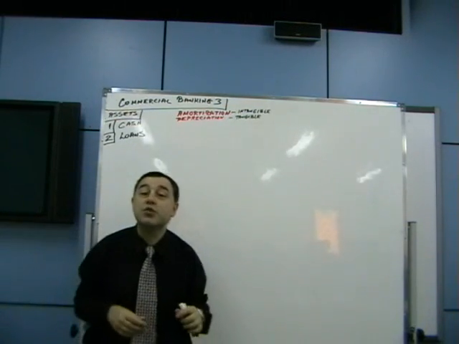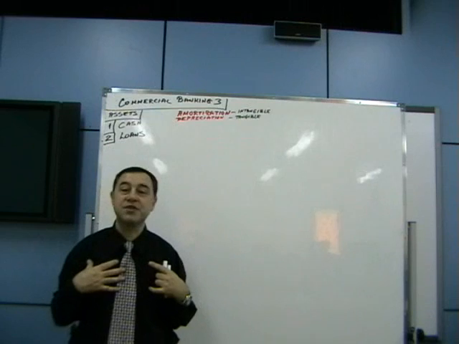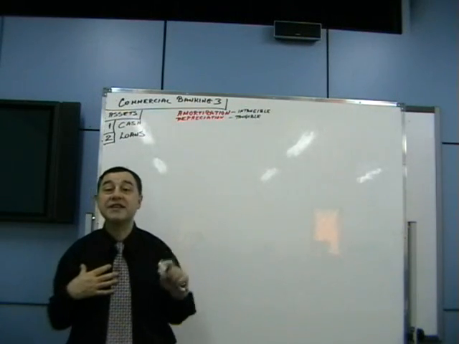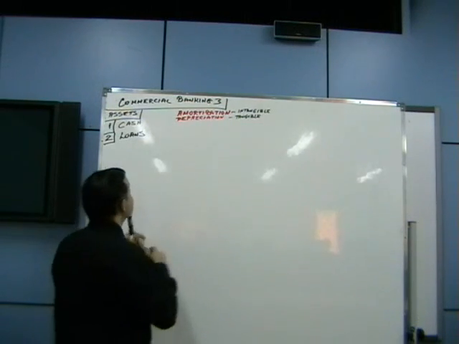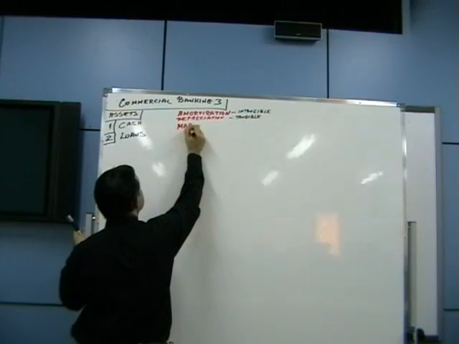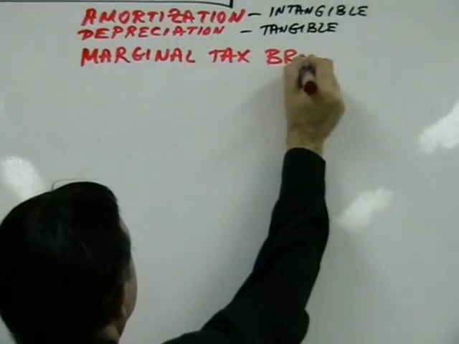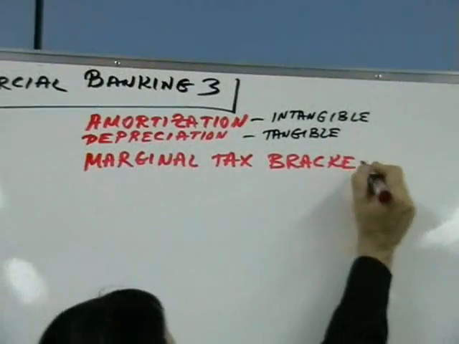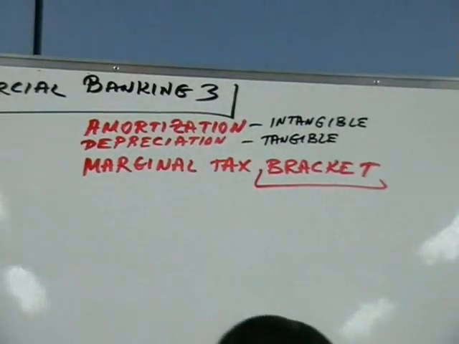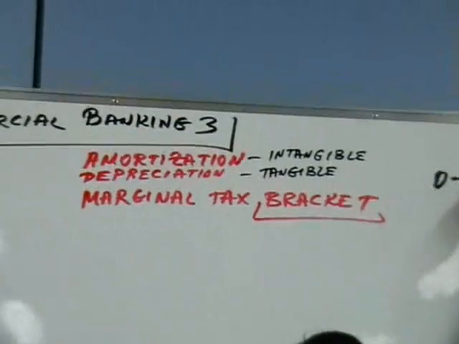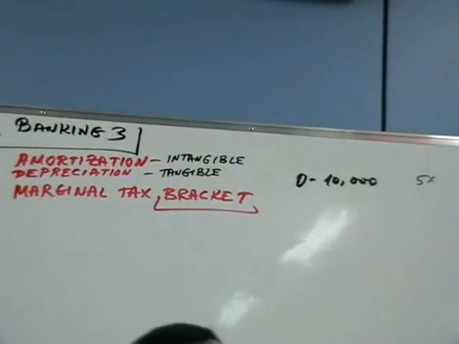The second idea of a lease will be a tax rate differential. If I'm paying, let's say, 5% tax, we call this a tax bracket. You know what a tax bracket is? The marginal tax bracket. Bracket means, let's say, I'm just providing an example. From 0 to 10,000, you're paying, let's say, 5% tax.